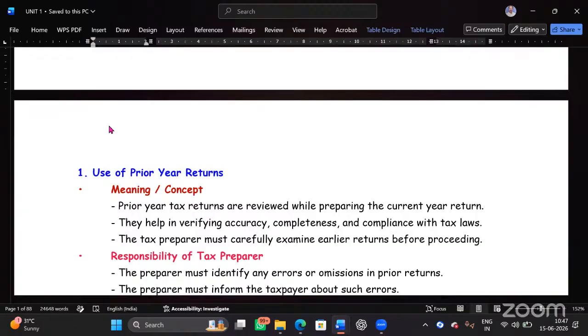Suppose the tax amount is not paid on the due date, one more penalty will be imposed, that is the penalty for non-payment of the tax. In total you have 2 types of penalties: penalty for non-payment of tax and a penalty for non-filing of the return. These 2 are in addition to the interest to be paid on the pending amount of the tax.